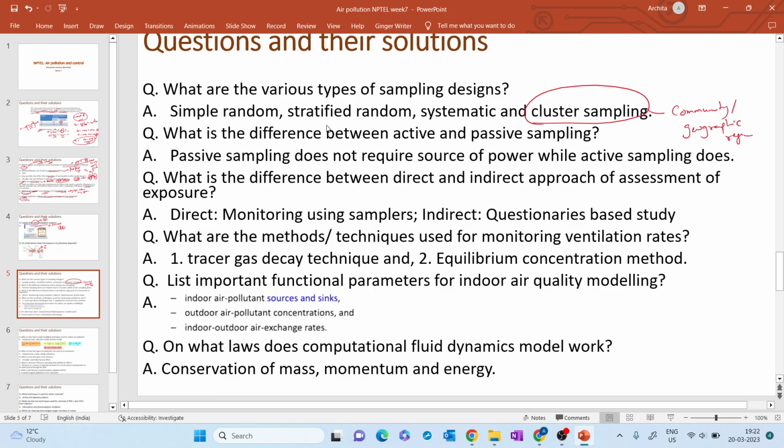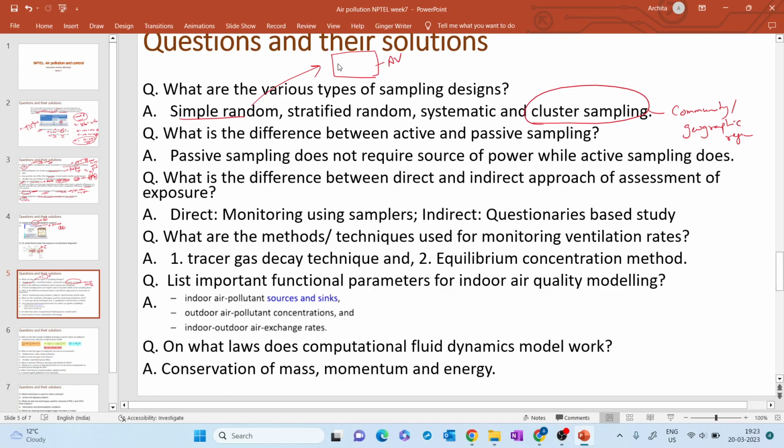Next, we'll start from simple random. Simple random means that you take random individuals in a particular bunch. Okay, so let's say I am studying, again, a particular location, let's say Anand Vihar in Delhi.